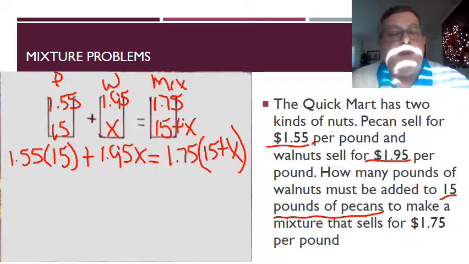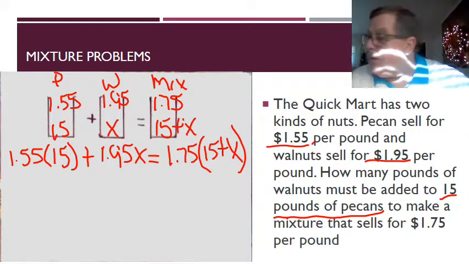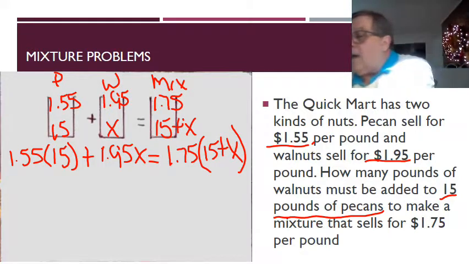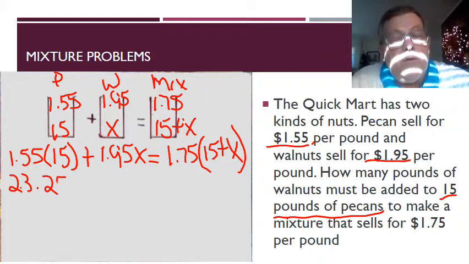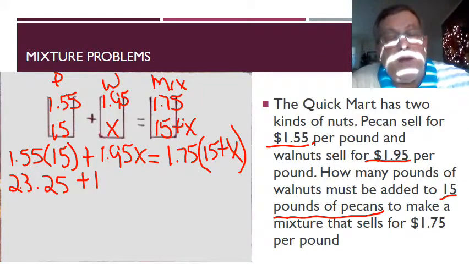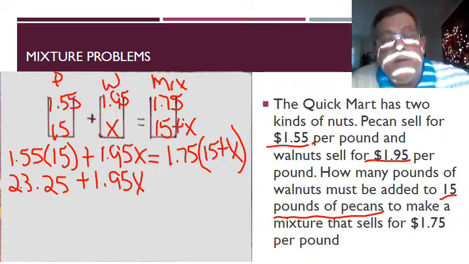Well, now I can just mathematically put this equation together. When I multiply 15 times $1.55, I'm going to get 23.25, plus I still got $1.95x. I'm trying to find x.